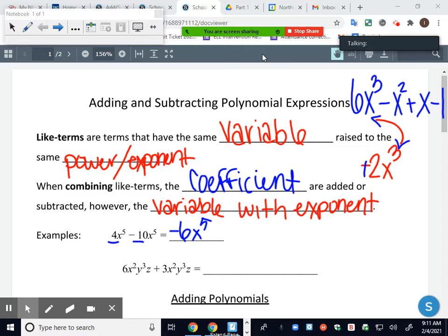Now, when we have a lot, sometimes it could get a little confusing. If it helps, you can line them up on top of each other. So on the bottom we have 6x squared, y cubed, z, plus 3x squared, y cubed, and z. It looks kind of crazy.